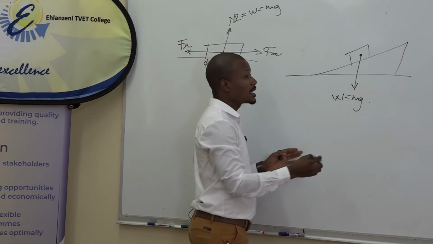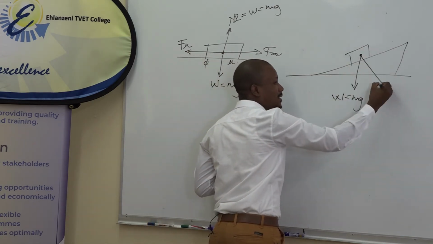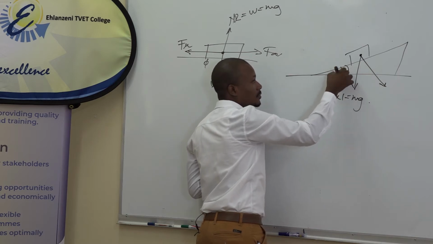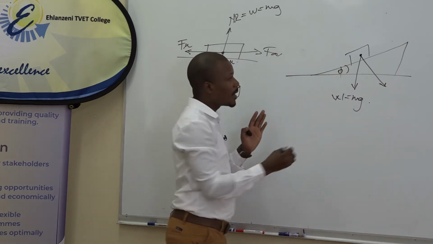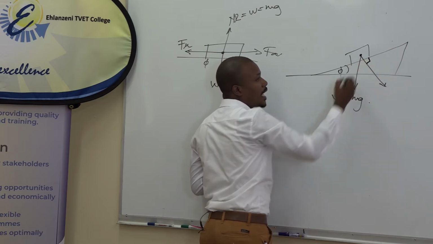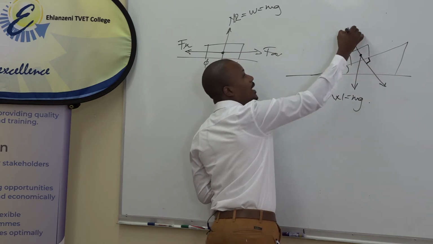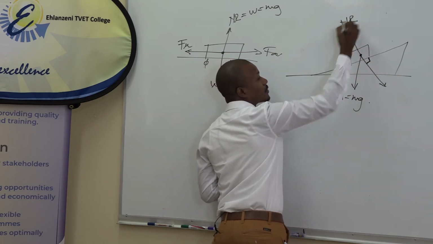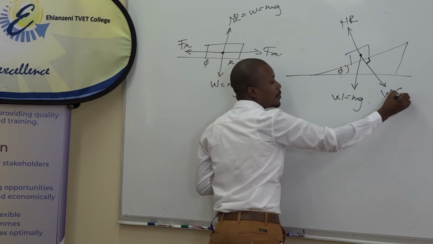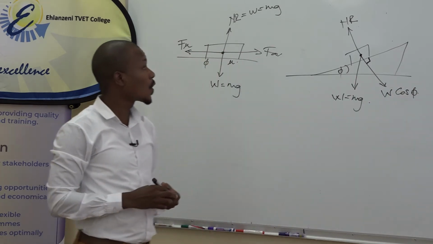But in this case, we have the weight component perpendicular to the inclined plane. Why are we saying it's perpendicular to the inclined plane? Because this weight component should be equal to the normal reaction. The weight component perpendicular to the inclined plane is given by W cos theta.